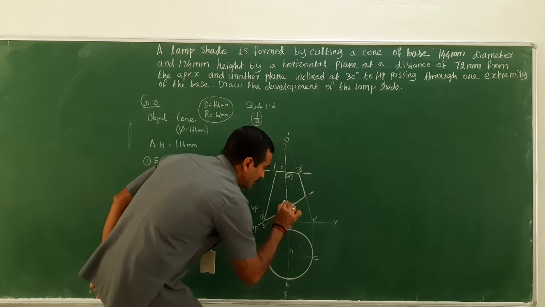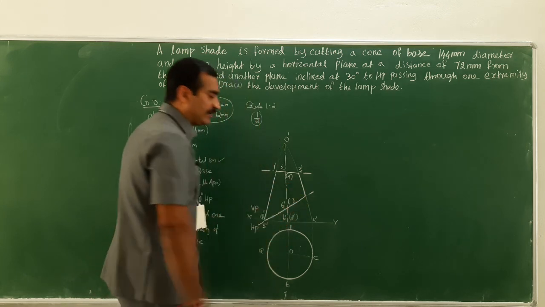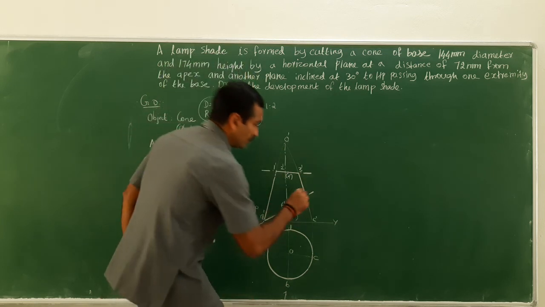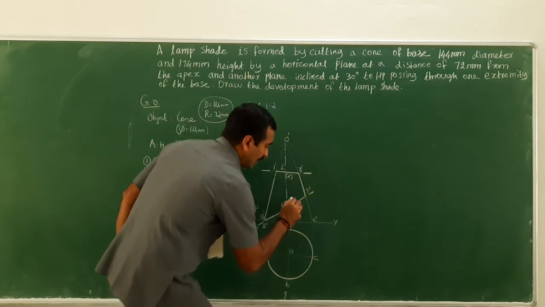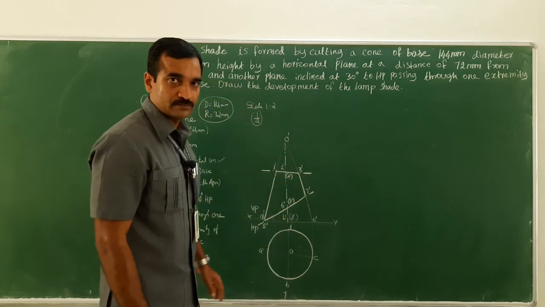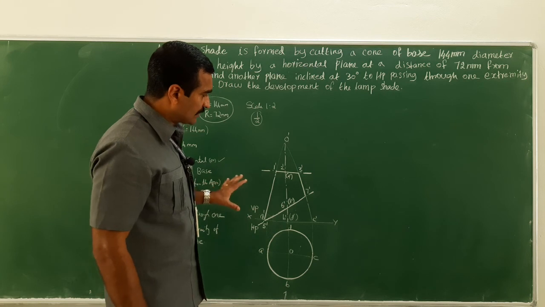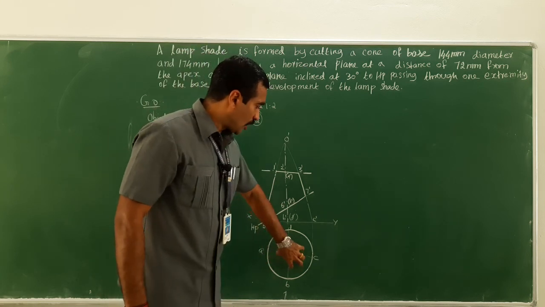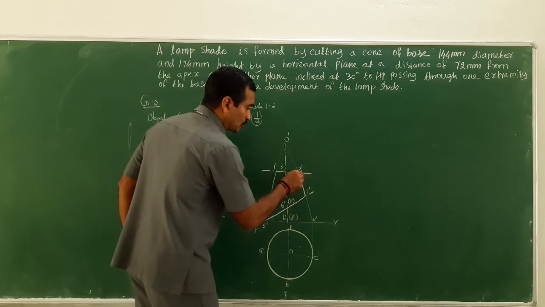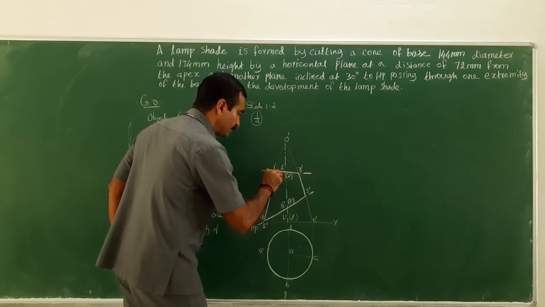One would be visible, the other invisible, so I am leaving a bracket here. And OD, only one cutting point, which is 7 dash. And the hidden one is A dash. Clear? Now, with this, I have finished the top view and the front view. So, this is the remaining portion.